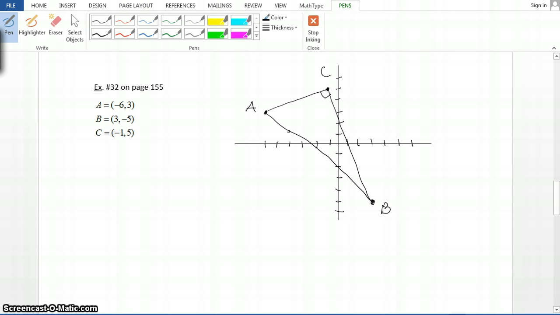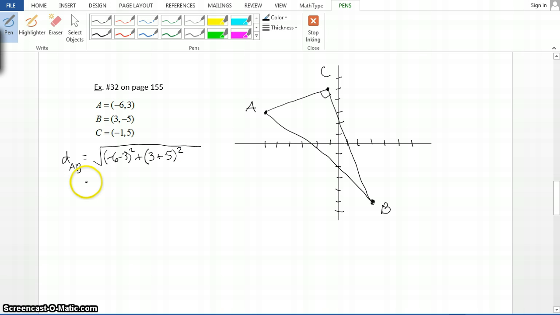So let's find that longest side. Let's do AB. It's actually the hypotenuse. Let's do the distance from A to B. See how that comes out. I need a big square root from A to B, these first two right here. That'll be a negative 6 minus 3, that quantity squared, plus 3 minus a negative 5, so I'm adding 5.